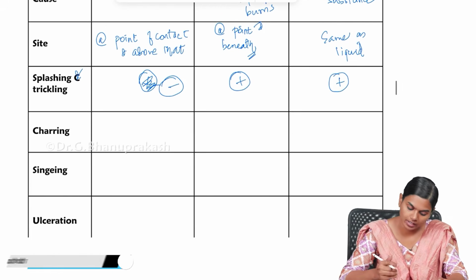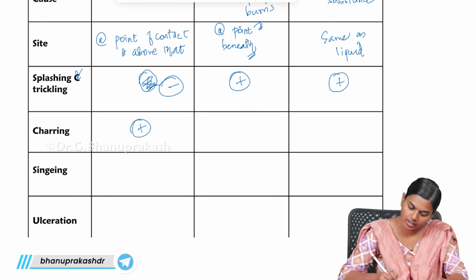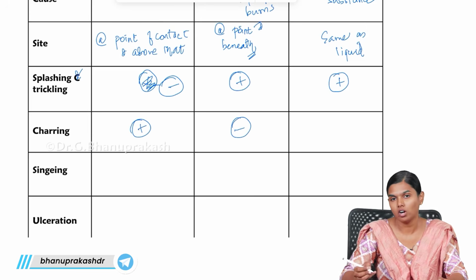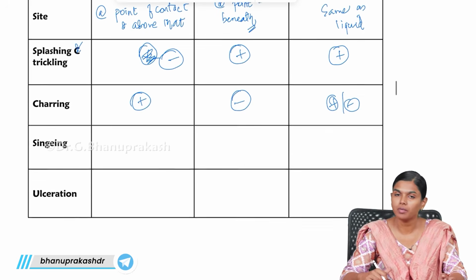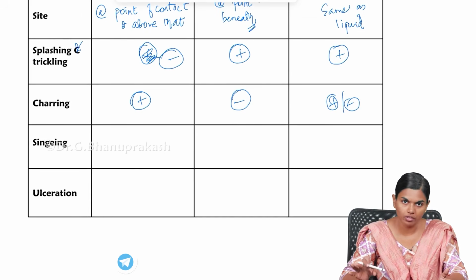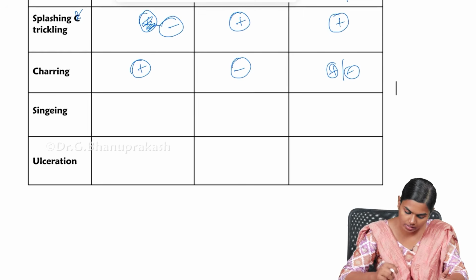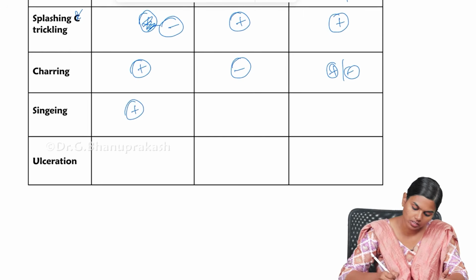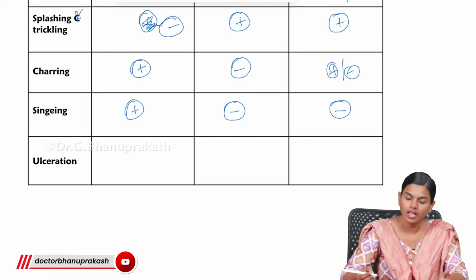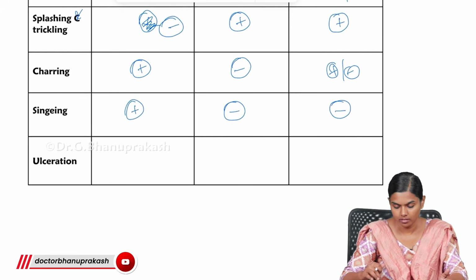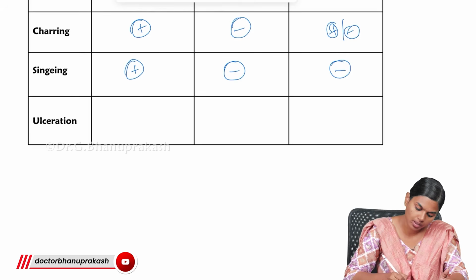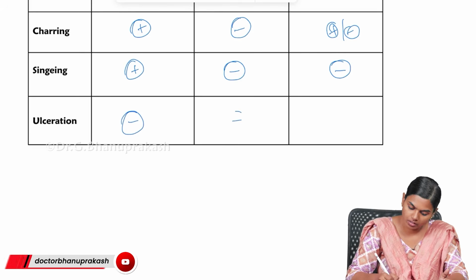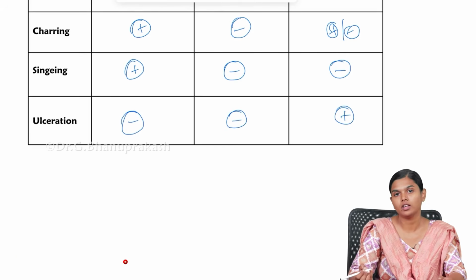And charring is present in case of dry heat, absent in case of hot liquids, and depending upon the substance used, it may or may not be present in chemical burns. And singeing is present in dry heat and absent in both chemical burn and hot liquid scald. And ulceration is absent here and present in case of chemical burns.